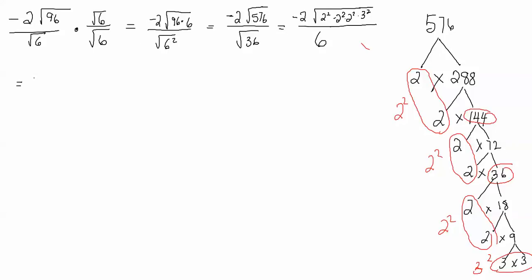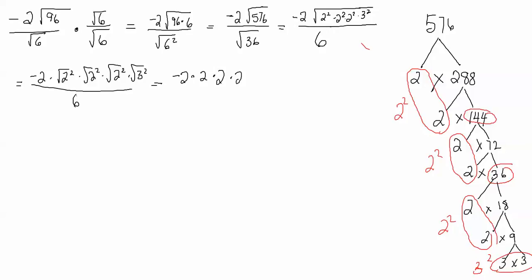So we have -2 times the square root of 2 squared times the square root of 2 squared times the square root of 2 squared times the square root of 3 squared, all over 6. So we have -2 times 2, the square root of 2 squared is 2, times 2 again, and a third time, and finally by 3.